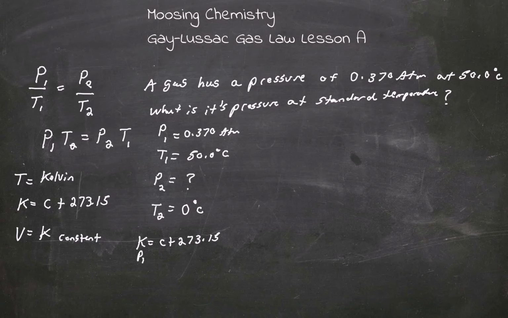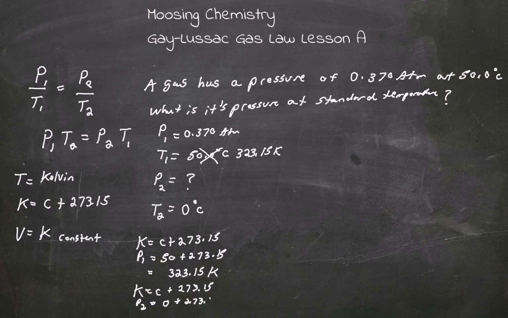So 50 plus 273.15 gives me 323.15 K. Our second one is K equals C plus 273.15, so 0 plus 273.15 equals 273.15 K.